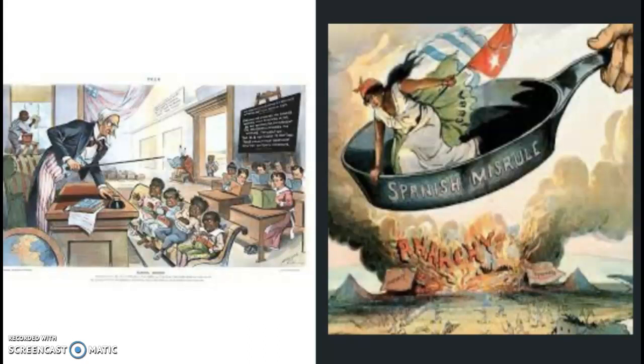So the first image, it appears to be the Spanish colonies as children. Interestingly, previously in the other images, they were adults, but now they're depicted as children. And if you look closely, their faces are more exaggerated than the other children behind them. And the Uncle Sam figure is once again America that appears to be teaching the children.